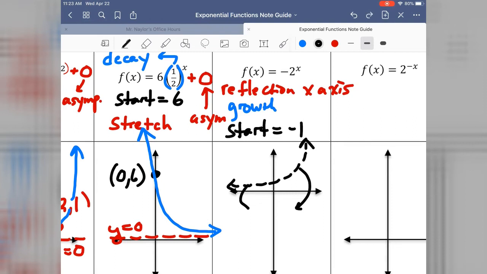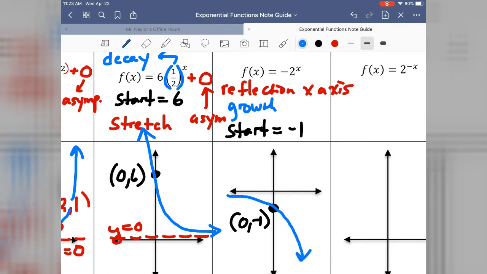Well, if it flips down, it's going to end up starting at -1. So we can draw and label -1 as our y-intercept. And of course, it's going to have a shape that is now reflected down over the x-axis.